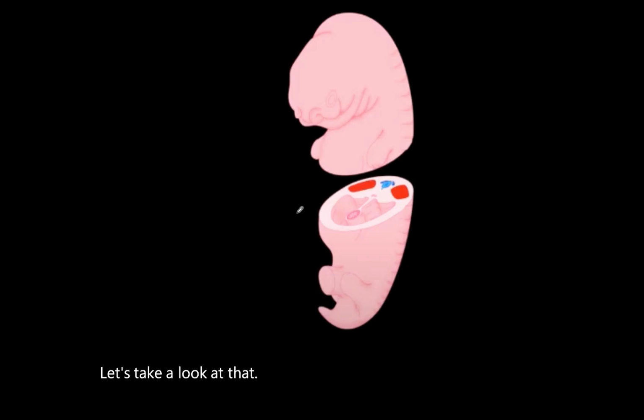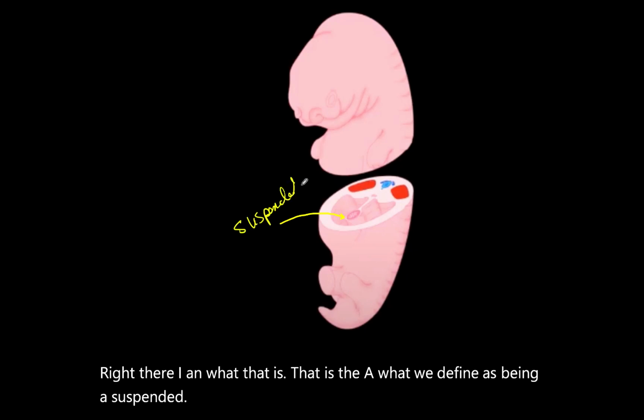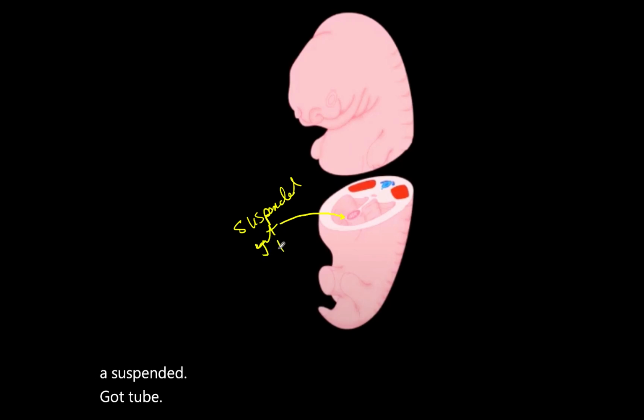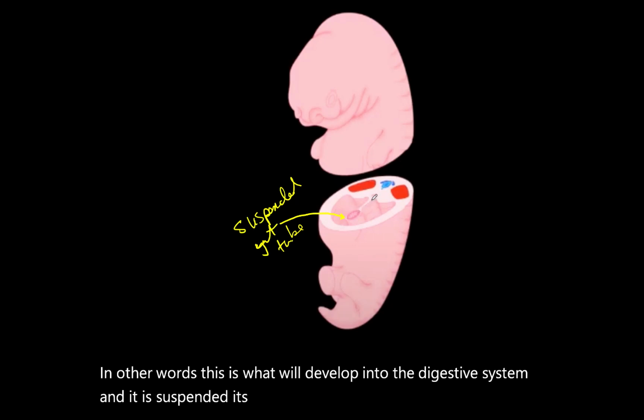The first thing that we see is this structure right there, and that is what we define as a suspended gut tube. In other words, this is what will develop into the digestive system, and it is suspended. It's being supported by this ligament that you see right here.